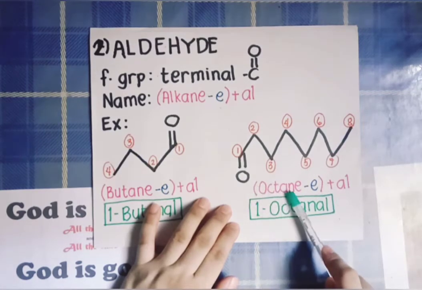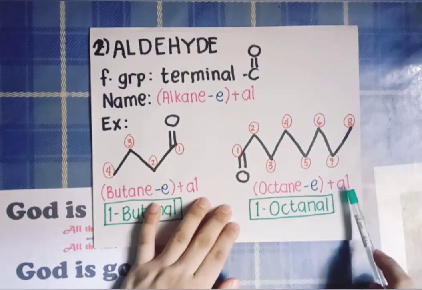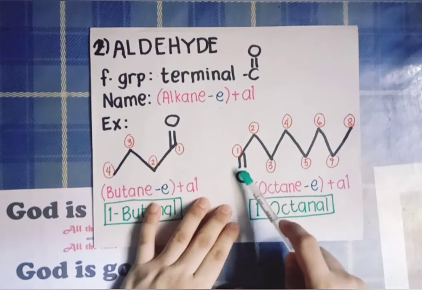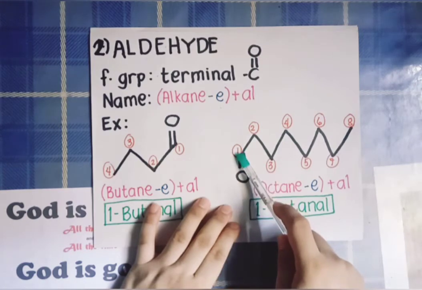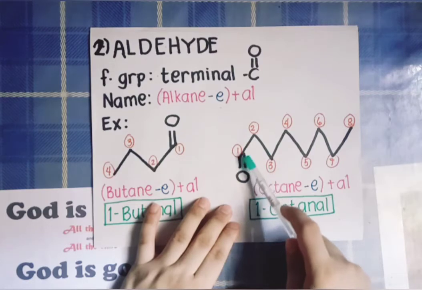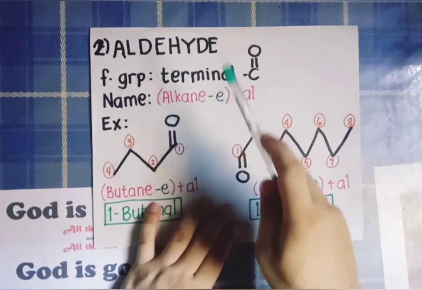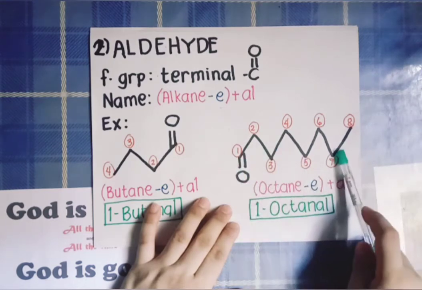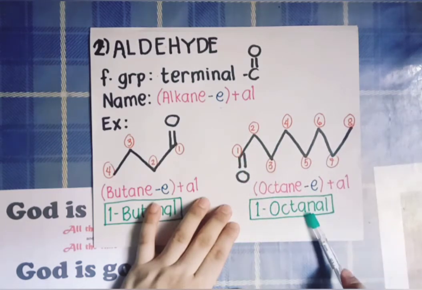So that's octane minus E plus al. Now take note that your C double bond O here can be found at carbon number 1. And again, the carbon atom that bears the C double bond O in aldehyde will always be the carbon number 1. So in this case, the name of this compound is 1-octanal.